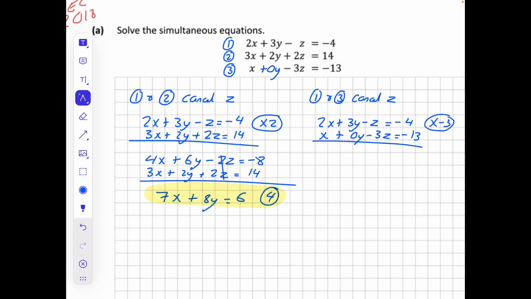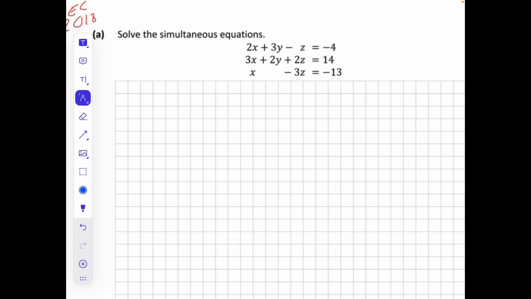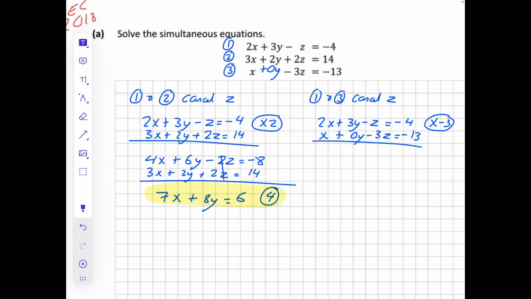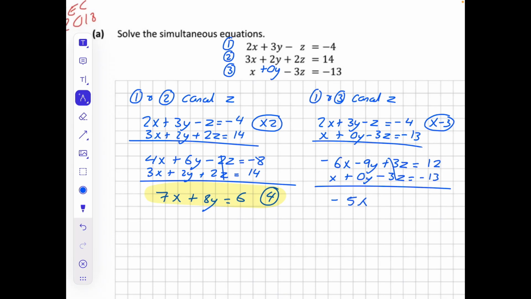So it'll be minus 6x minus 9y plus 3z is equal to positive 12. And the bottom line, leave it alone. Okay, the z's will cancel. So we have minus 6x plus x, which will give me minus 5x. Minus 9y plus 0y will give me minus 9y is equal to 12 minus 13, which is minus 1. I'm going to call that equation 5. So that's step 1 and 2 done.